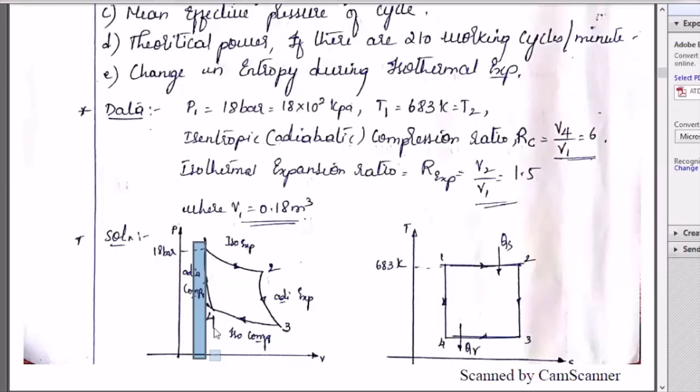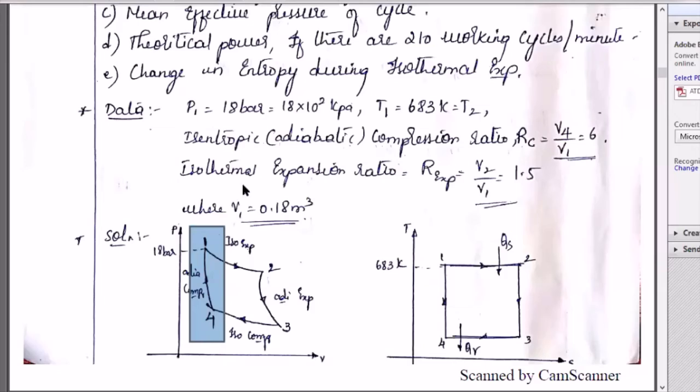More is V4, less is V1. Therefore, I write Rc is equal to V4 by V1, the ratio of adiabatic compression. Not only for this, for whatever process it comes, if you want to write a ratio in terms of volume, you have to consider more volume to the less volume.